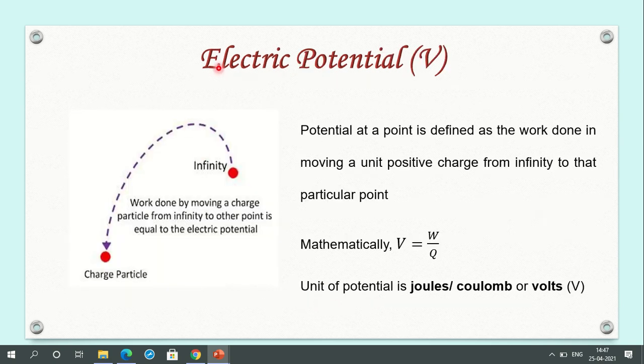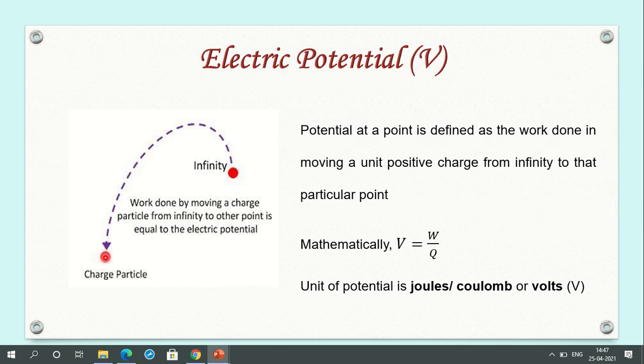So the next term is the electric potential. Potential at a particular point is defined as the work done in moving a unit positive charge from infinity to that particular point. Suppose we have this particular point and we need to calculate the potential at this point.